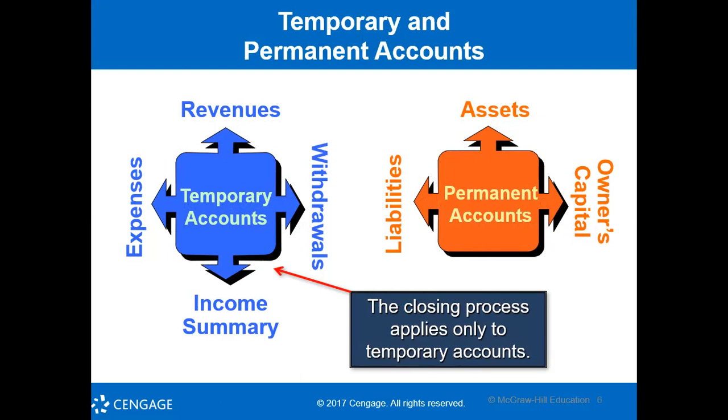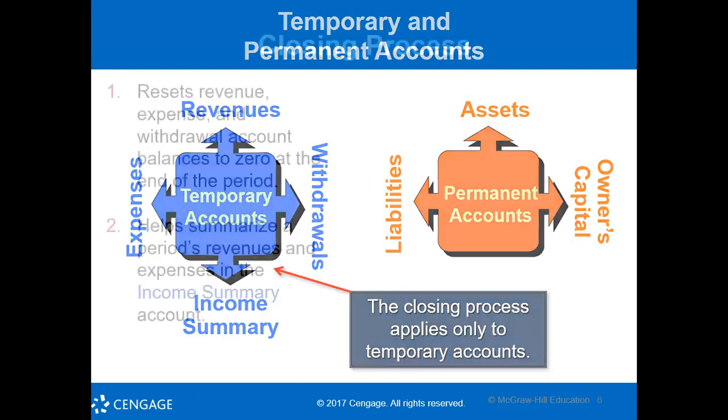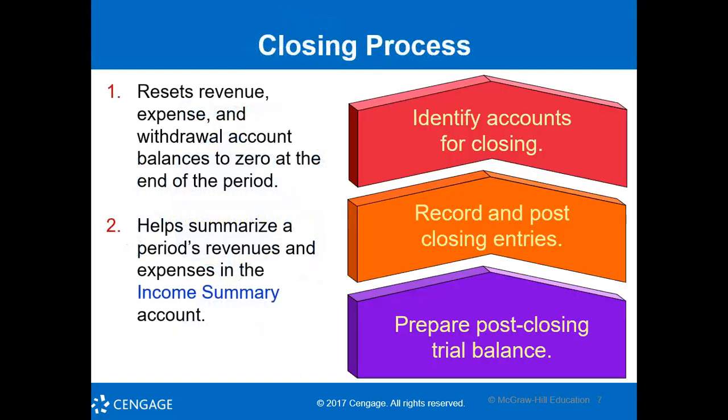Okay. Once we do our closing entries, all that'll be left are these permanent accounts: assets, liabilities, and the owner's capital accounts, which is what makes up our equity. In the closing process, we identify which accounts need to be closed, record and post the closing entries, and then prepare the post-closing trial balance.